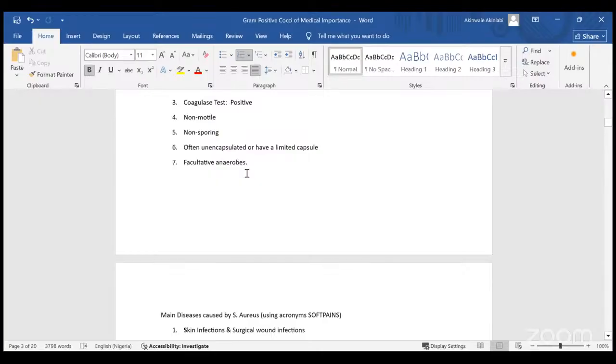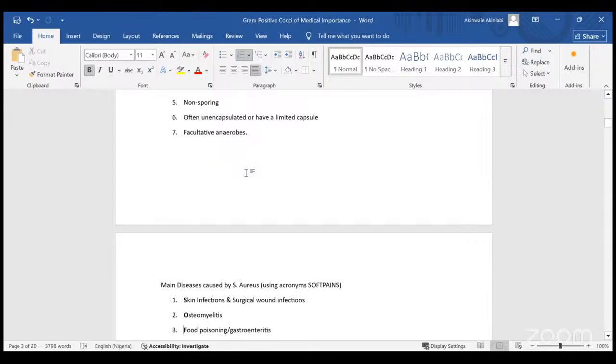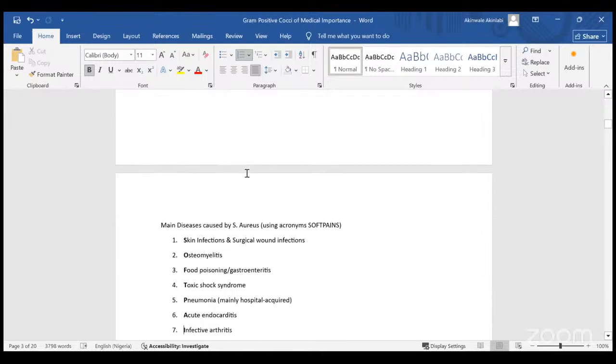The main diseases caused by Staph aureus. Once you use this acronym, SOFT PANS, you will get the main diseases caused by Staph aureus. The first one is skin infection. I say you use these acronyms to get the disease. The second one is osteomyelitis. The third one is food poisoning, otherwise known as gastroenteritis.